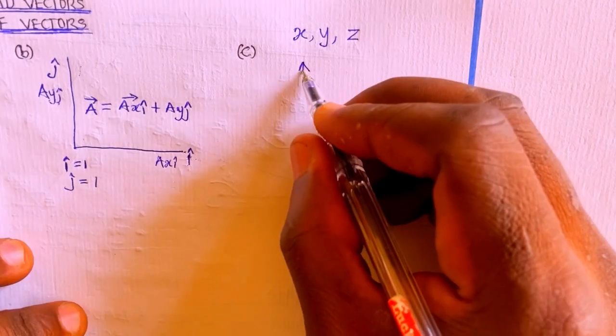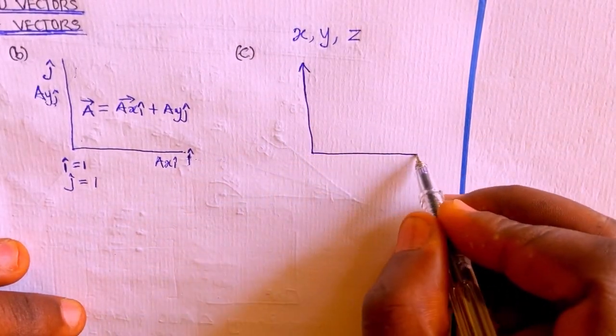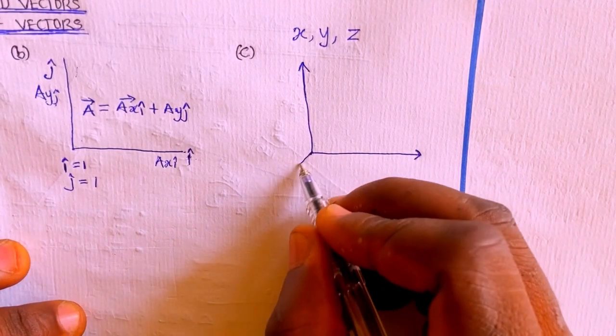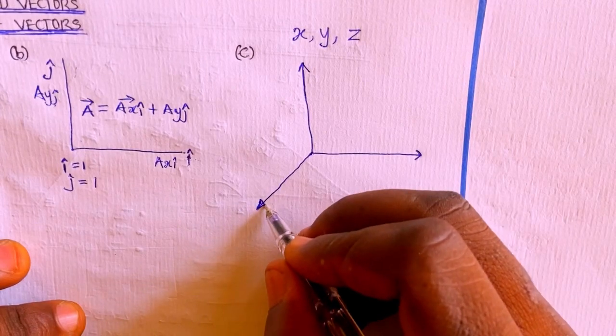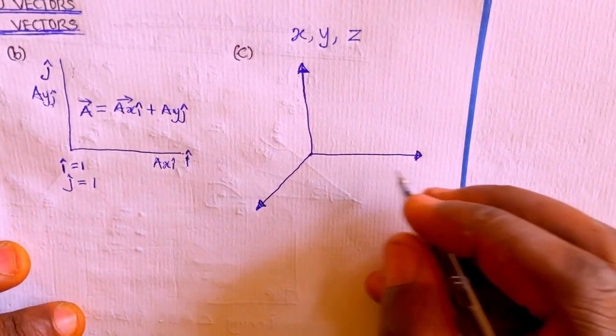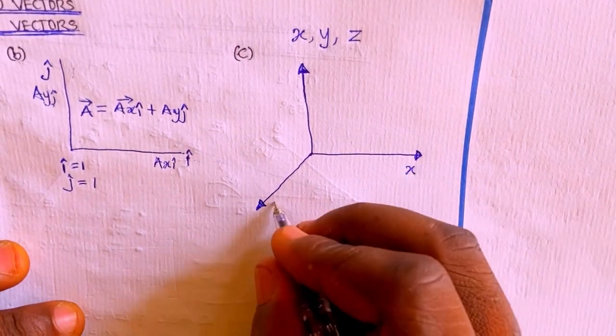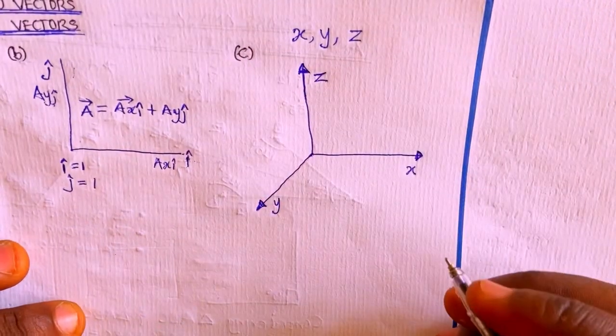So here, let's say I have a diagram, right? The diagram is acting in three components, which is similarly known as space, right? So here in this case, this will be our x component, this will be our y component, and this will be our z component, right?